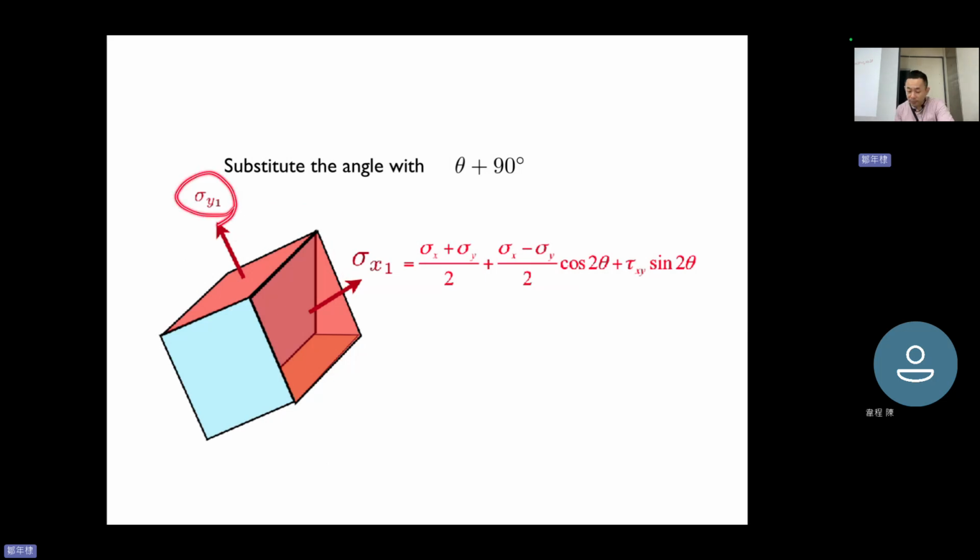So your sigma y1 will be equal to (sigma x plus sigma y) divided by 2, minus (sigma x minus sigma y) divided by 2 cosine 2 theta, because when you substitute theta plus 90 degrees, your cosine 2 theta will reverse, minus tau xy sine 2 theta. Okay, so this is your sigma y1.